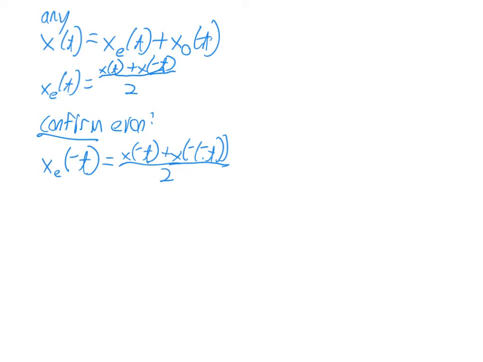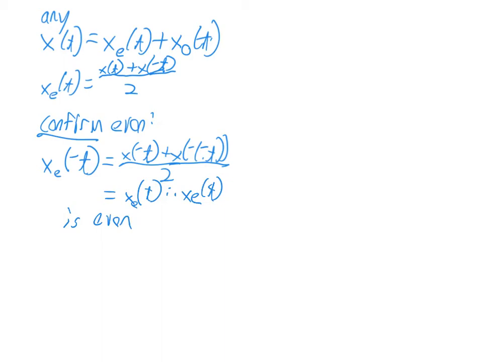So here I have x of t, because I've taken the negative twice, added to x of negative t, divided by 2. So that's the same as what I had in the original definition. This negative and negative matches up to this positive, and this negative matches up to that negative. So given this definition of x e of t, we can see that x e of negative t is equal to x e of t. Therefore, x e of t is an even signal.